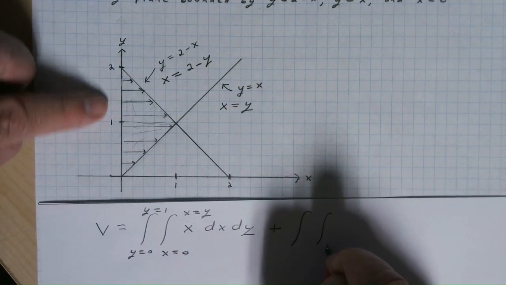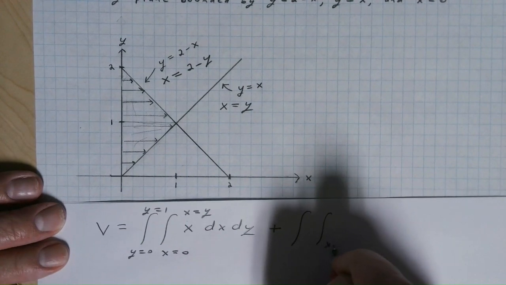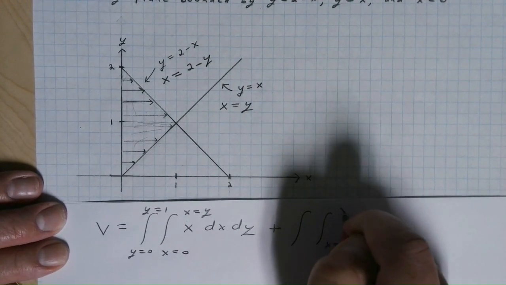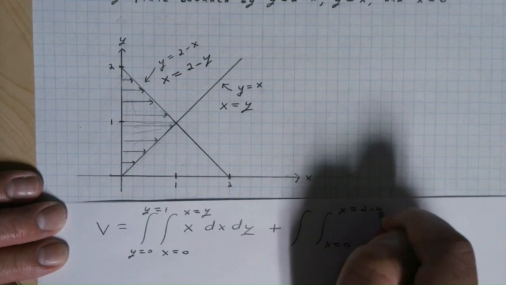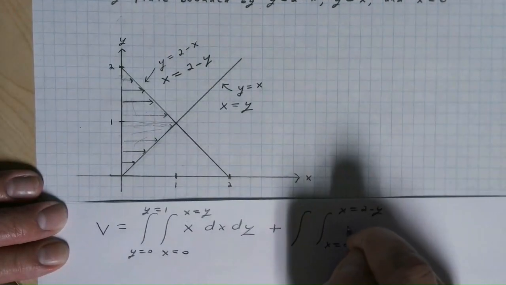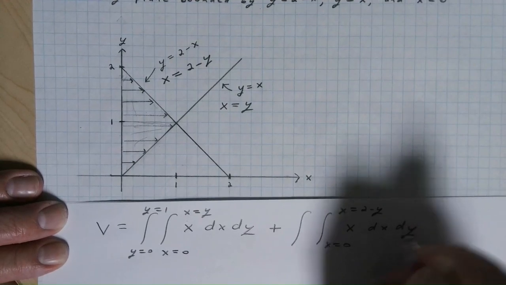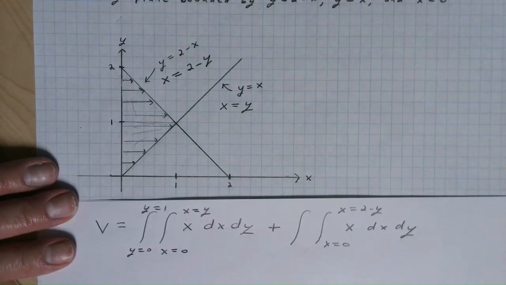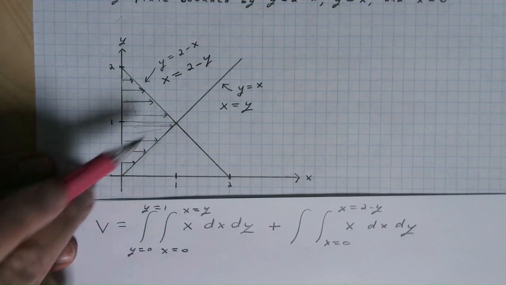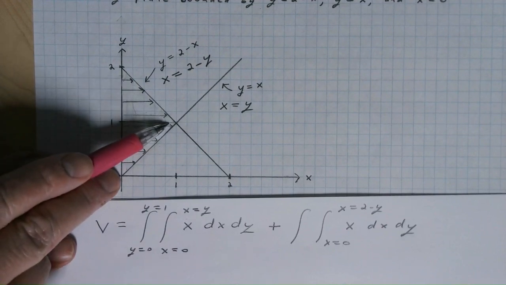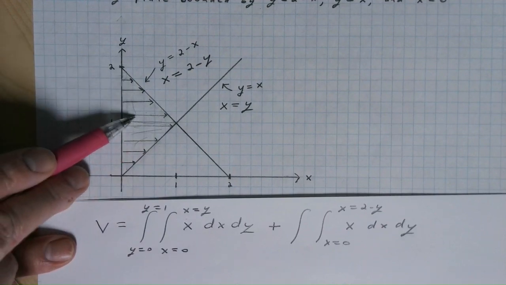So again, we're starting at x equals 0 to x equal 2 minus y, x dx dy. And again, we're going to have to see for this upper region up here, what values of y are covered.